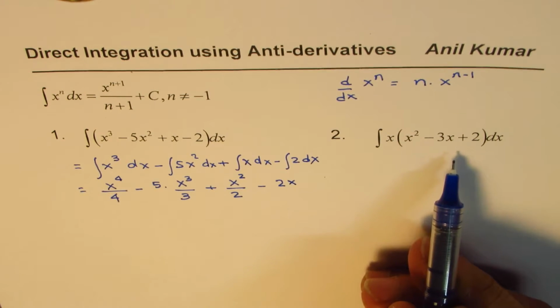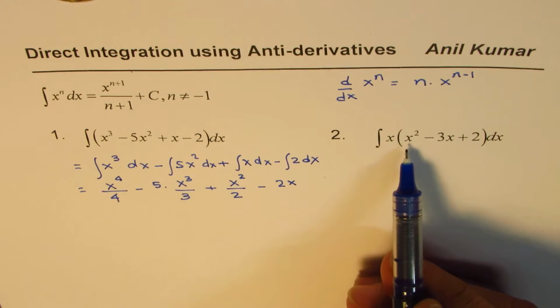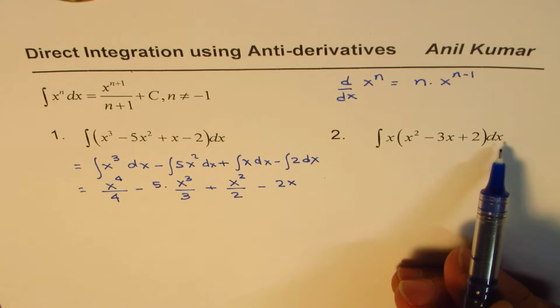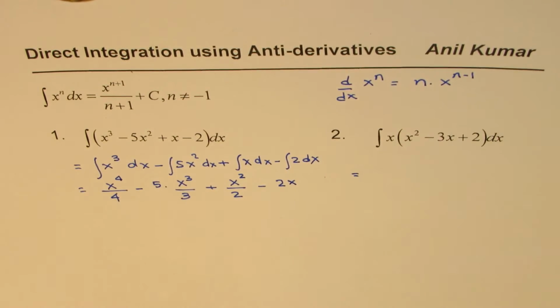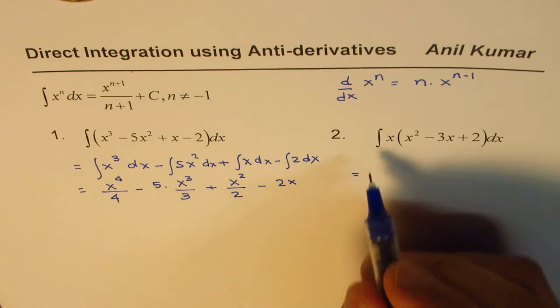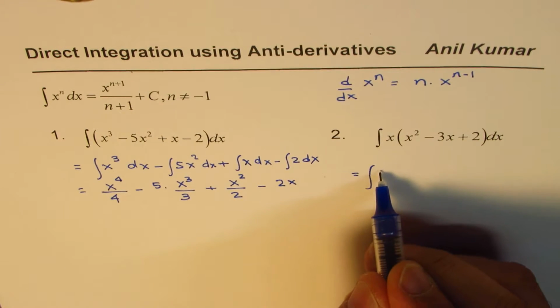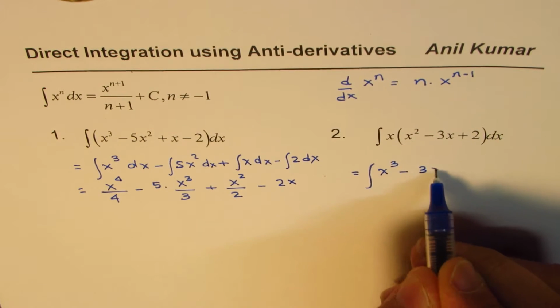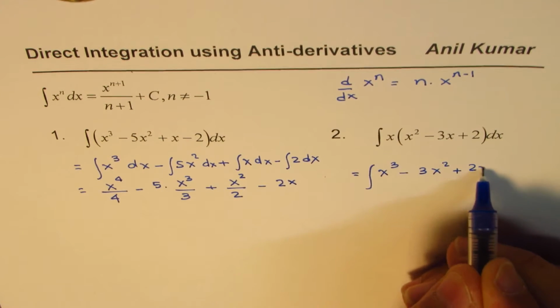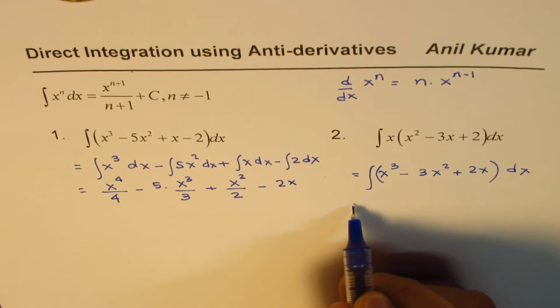Now we have another one here to practice. You need to integrate x times x squared minus 3x plus 2 dx. There is no product or quotient rule in integration. But what we can do is just expand them. So if you expand, you get x cubed minus 3x squared plus 2x, the whole thing dx.